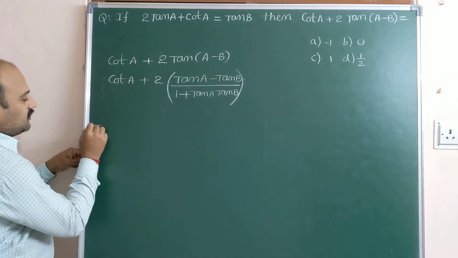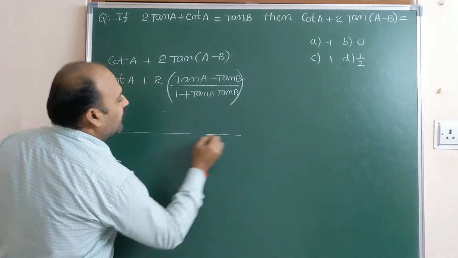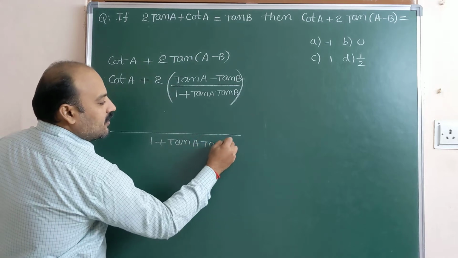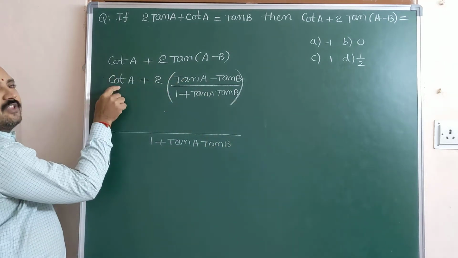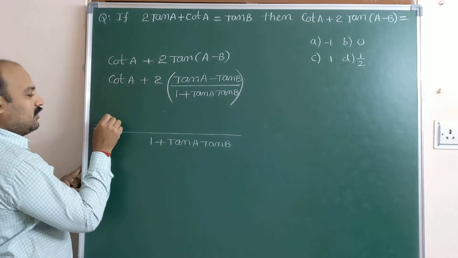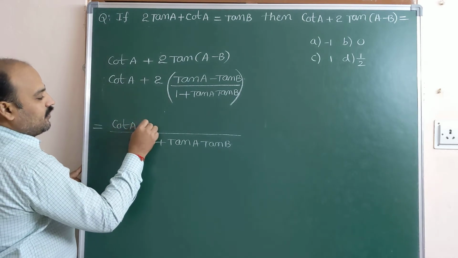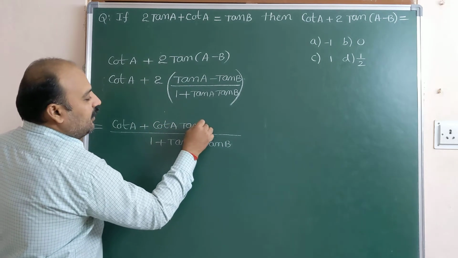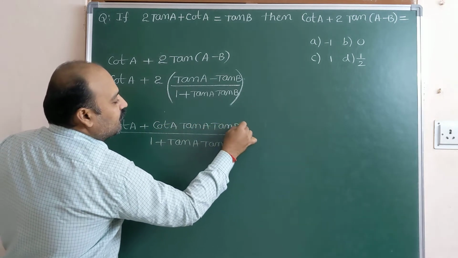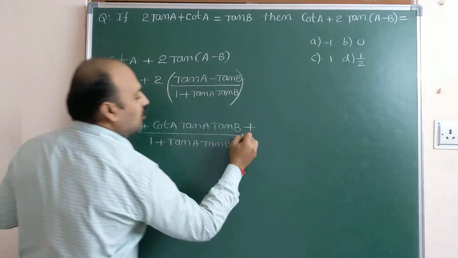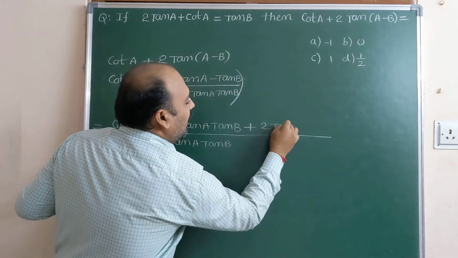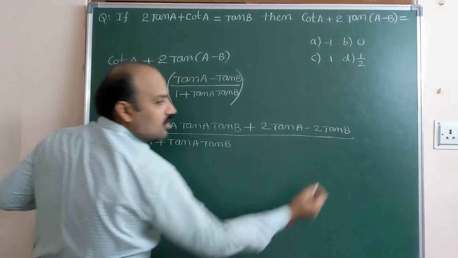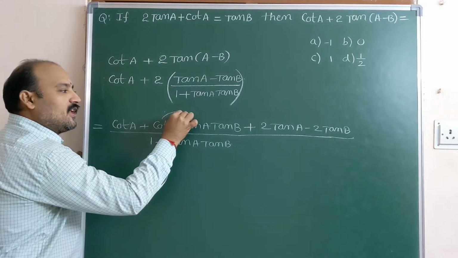Now simplification. The LCM is 1 plus tan A tan B. So direct multiplication with cot A into this value. Cot A into 1, so cot A, plus cot A into this value, cot A into tan A into tan B, plus 2 times of 2 tan A minus 2 tan B. We know that tan and cot both are reciprocals.